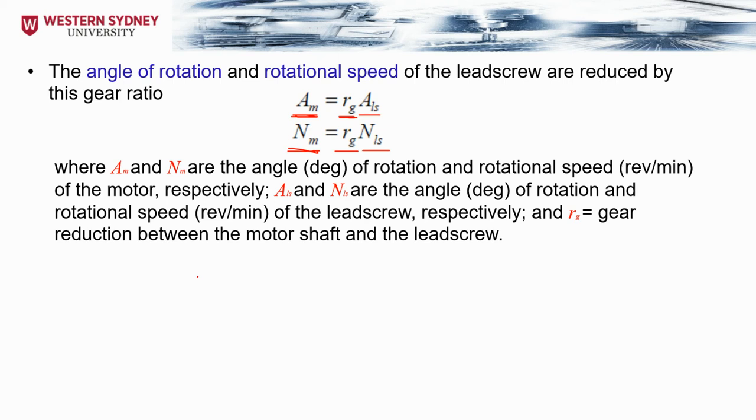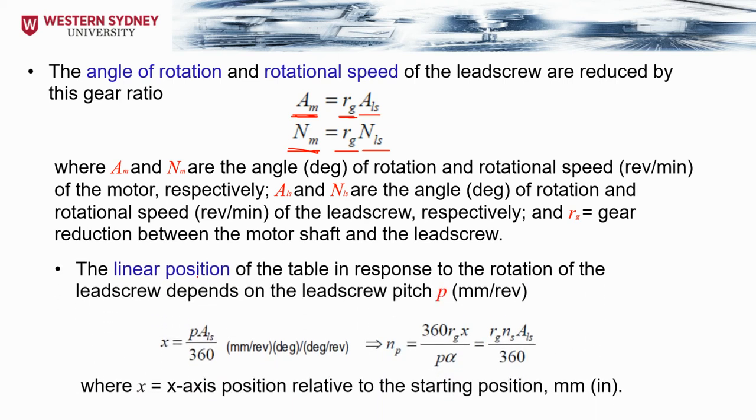The linear position of the table is responsible to the rotation of the lead screw and depends on the lead screw pitch value. Once again, we said that the pitch is 5 millimeters for every revolution. So more revolutions lead to a further distance for the table to be moved.